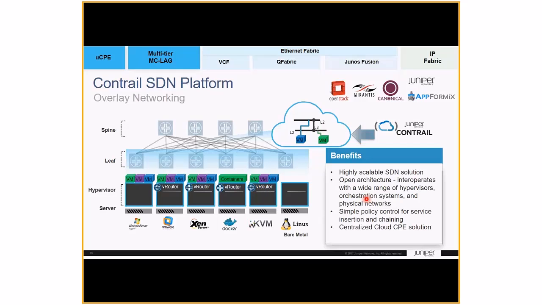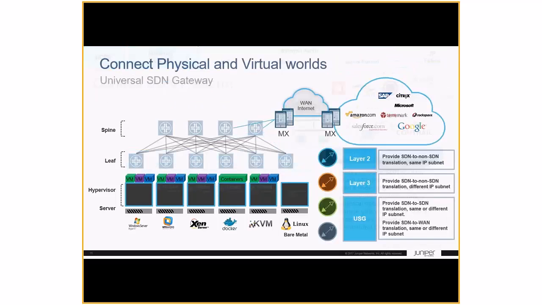To get out of the virtual environment, though, which is what we've created, we created our infrastructure, our underlay network with our switched fabrics. Then we attach those multi-tenancy VMs with our Contrail networking. But to get to the physical world, we need to have our SDN gateway routers, what's known as our universal SDN gateways, to be able to do that.